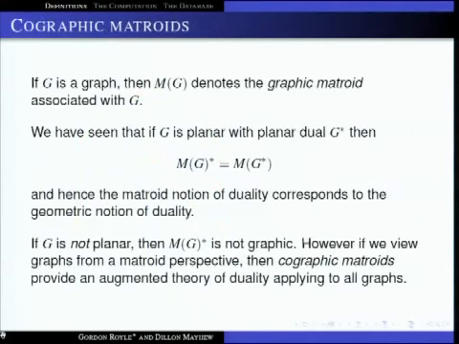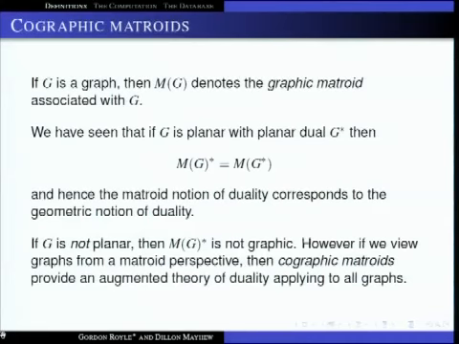Okay, so anyway, the key point is that if you take a graph, take its matroid and dualize, if you take a planar graph, then you get the same thing as if you had dualized the graph and then taken the matroid. So it's a good operation. Now, if G is not planar, then the dual of the graphic matroid is not a graphic matroid, but it is a matroid. And so you can work with it in the general sense.